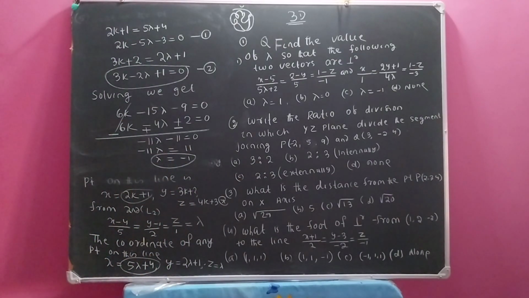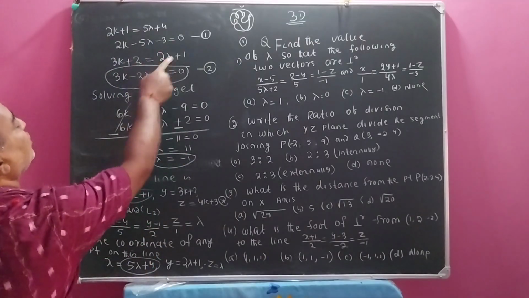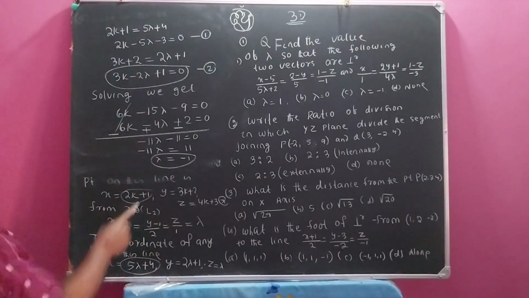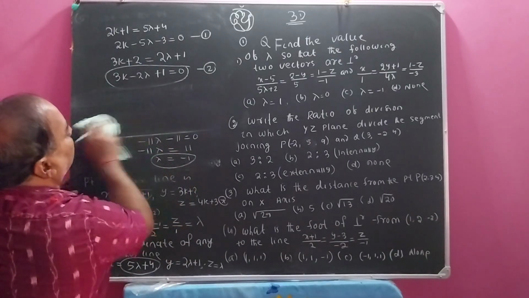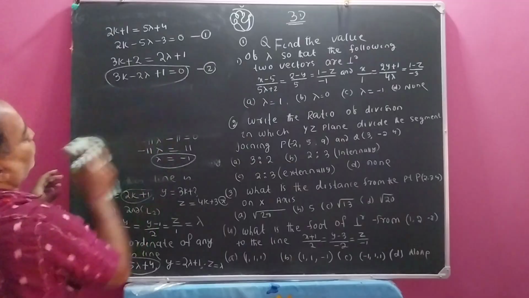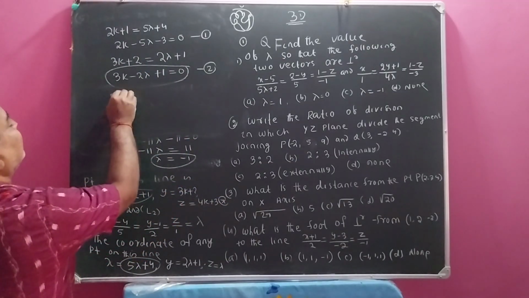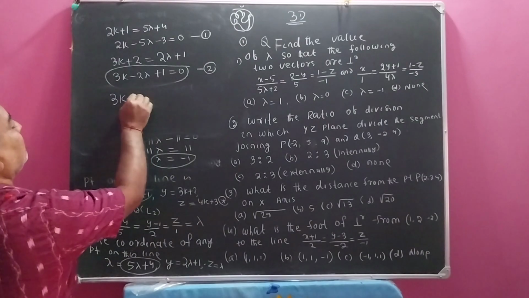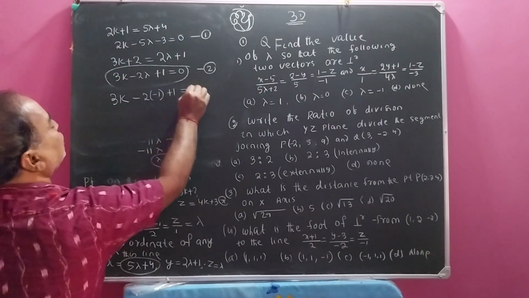When lambda is found, you can easily find k by putting the value of lambda in any equation. So putting lambda is equal to minus 1 in equation 2, here it is 3k, here we get minus 2 minus 1 plus 1 is equal to 0.